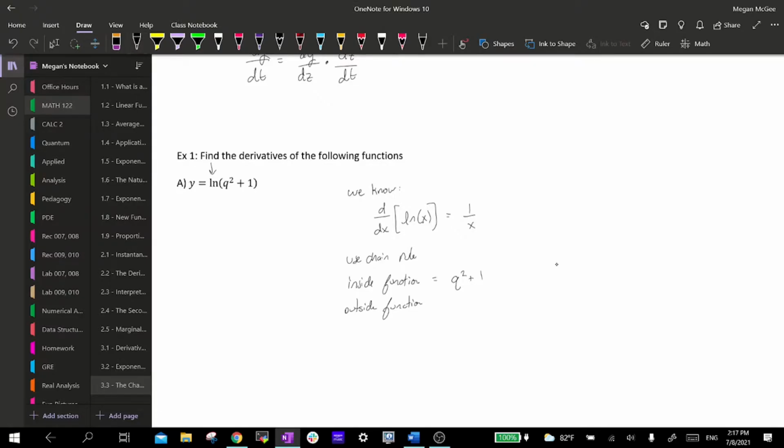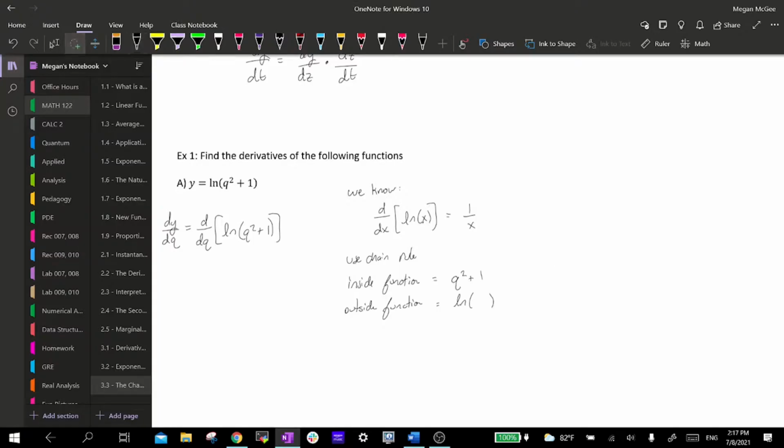Okay, so our outside function is the natural log, and I'm just going to leave these blank parentheses, the natural log of something, but it's just the natural log that we care about, right? So if we're trying to calculate dy/dq in this case, this is going to be the derivative with respect to q of our natural log of q squared plus 1.